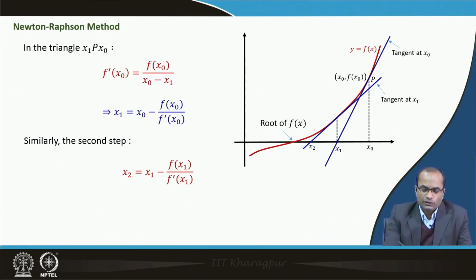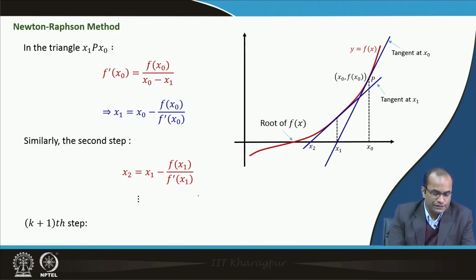Then we can continue this process. Here x 2, then we draw a tangent at this point, which meets the axis at x 3, and so on, and finally, as it seems, we are approaching the root of the equation f x equal to 0.